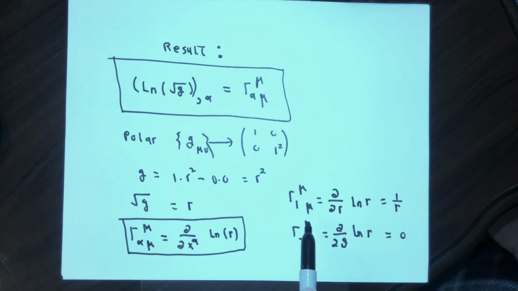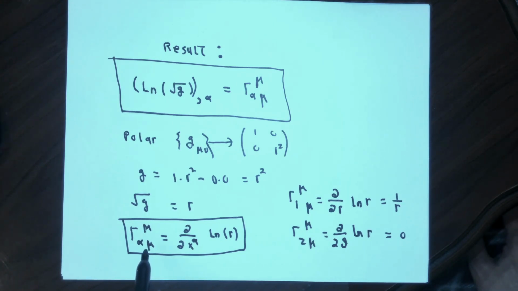If you're looking at gamma mu 1 mu, the first coordinate is r. The partial with respect to r of natural log of r is 1 over r. Gamma mu 2 mu is the derivative with respect to the second coordinate, which is theta in this case, of natural log of r, which is 0. So now that we know this fact, if I need to know these quantities, it's very easy to get them.